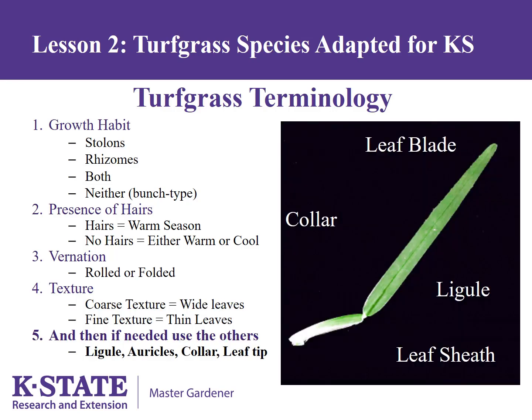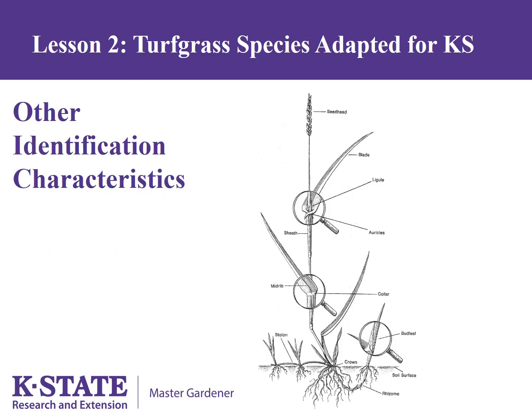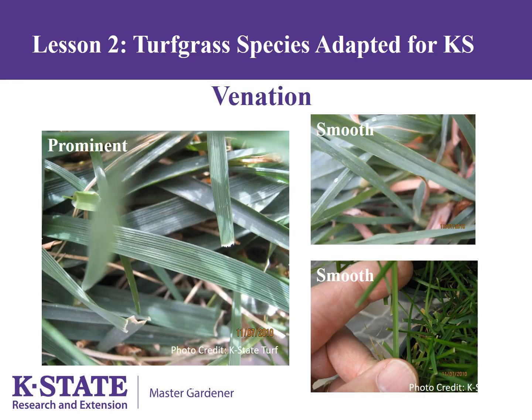Some other ones we have are the leaf blade, collar, ligule, and leaf tip. Those I will hit very quickly, as these are all on different parts of the plant. We also have venation, not vernation. Venation just refers to the prominence of veins in the leaves.